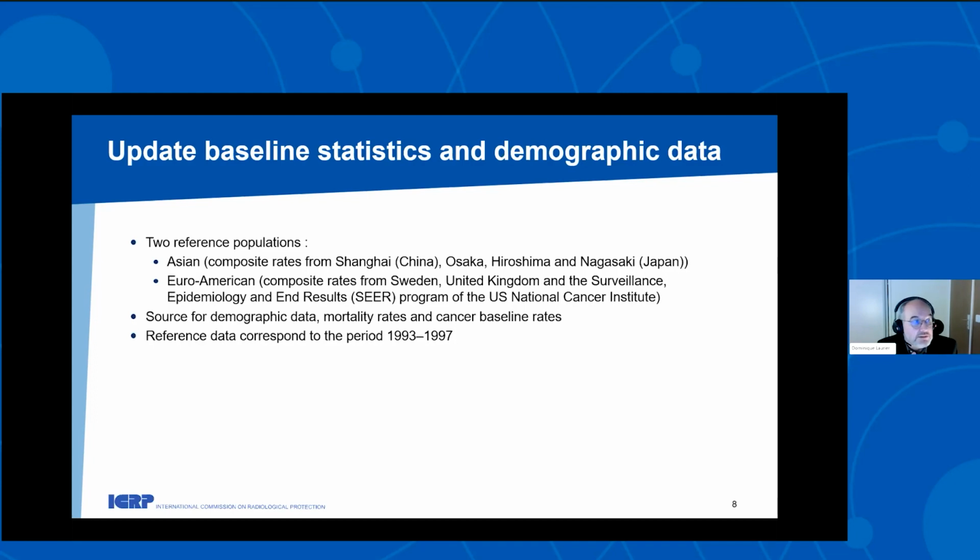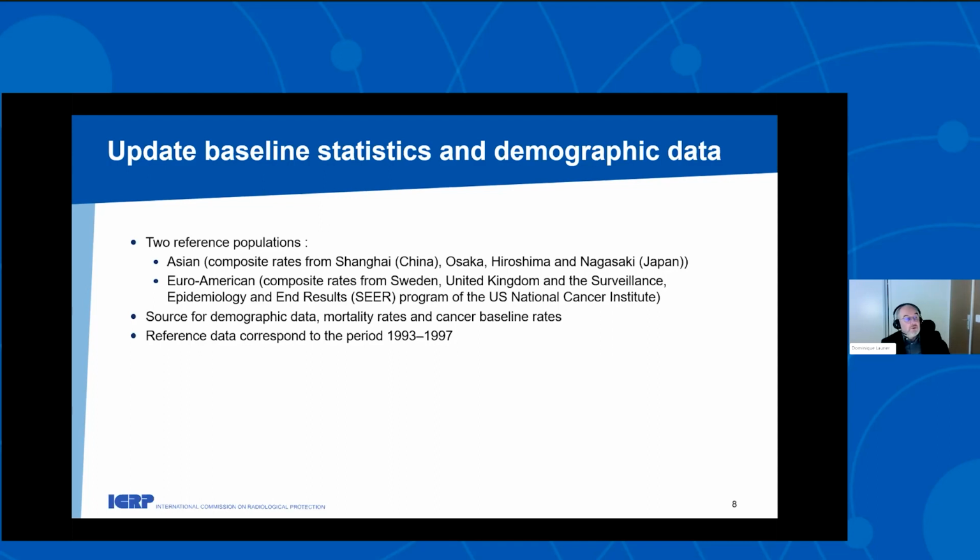The first source is the reference population. Baseline statistics and demographic data are currently calculated in Publication 103 based on two reference populations: Asian, based on data from two countries, China and Japan, and Euro-American, with data coming from three countries, Sweden, UK, and the US.